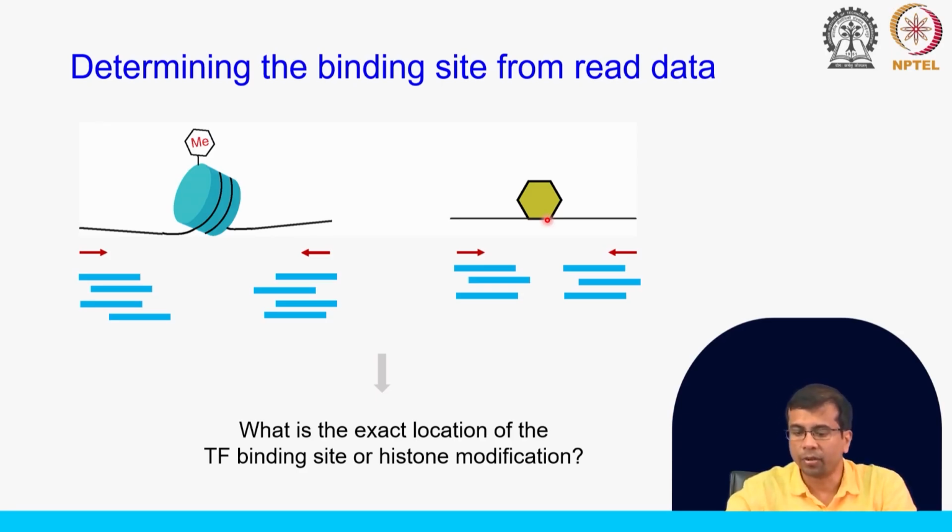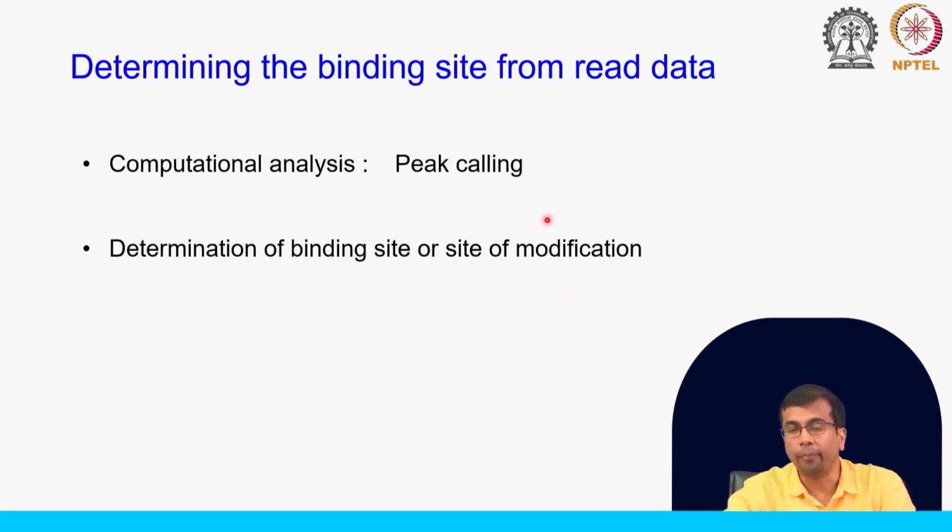This is an important step in ChIP-seq data analysis, and when we go into the hands-on part, we will do the peak calling. There are tools that will help us do this, and that is a very important part of the computational analysis.